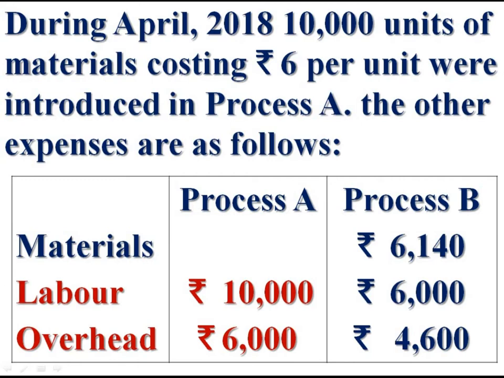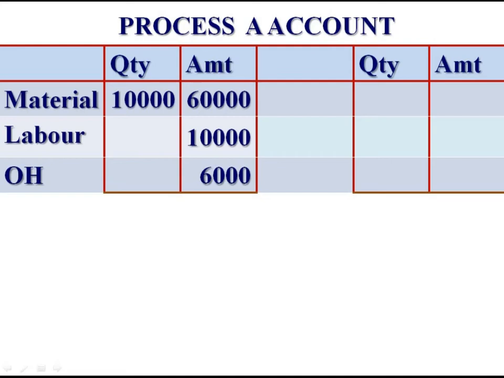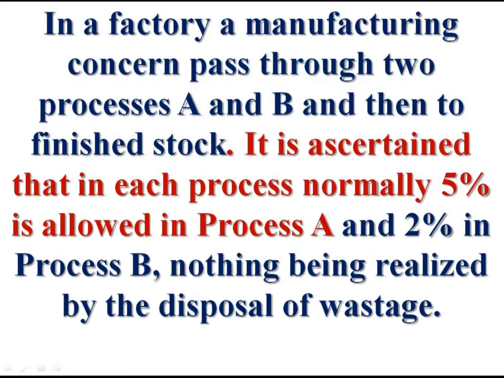Labor and overhead charges of process A are rupees 10,000 and rupees 6,000. These are to be debited in the process account. Labor, overhead 10,000, 6,000. It is ascertained that in each process, normally 5% is allowed in process A for wastage. It is normal loss in respect of wastage.